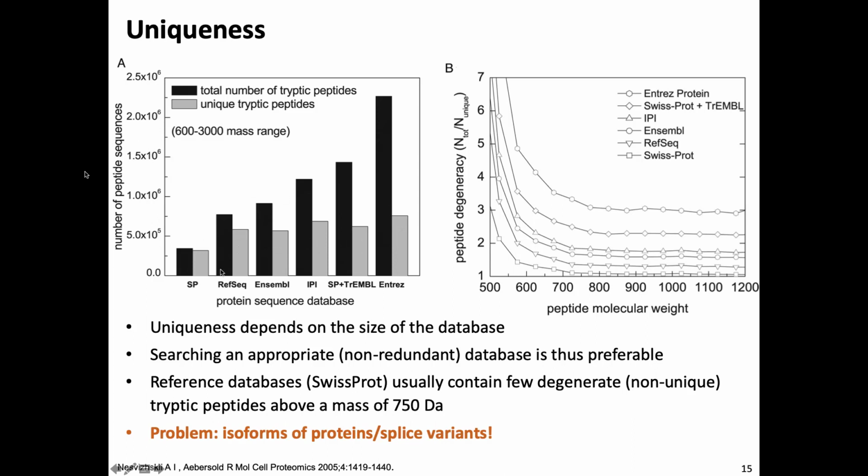As you go from well-annotated reference databases like SwissProt and RefSeq to the more redundant databases like Entrez that contain multiple sequences, you see that the number of unique peptides stops growing. Instead, you get all these other redundant peptides that are repeated in the database over and over again, which is why it doesn't make a lot of sense to go to these redundant databases, because all it does is increase your search time.